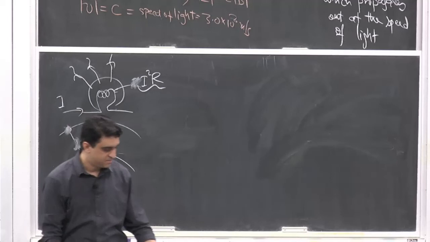If you take this time as t1 and this time as t2, the difference t equals t2 minus t1 is the time needed for one full oscillation of such a wave. This is called the time period of this oscillation.